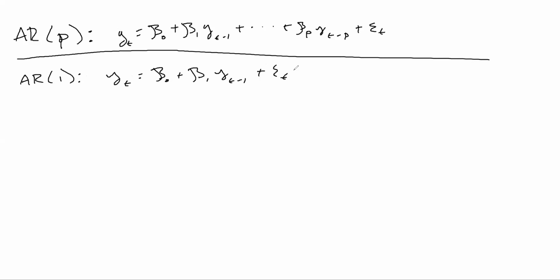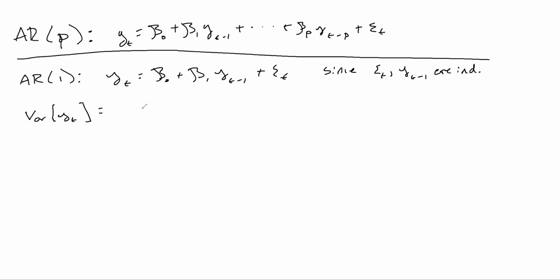In this, since our error term for time t and Y_{t-1} are independent from one another, now we can do the variance of our Y_t. You just do the variance of each of these.